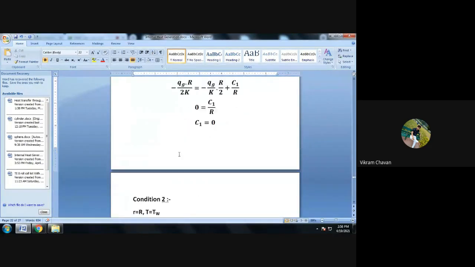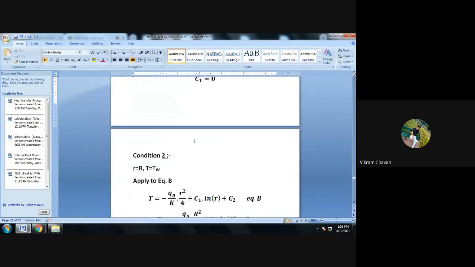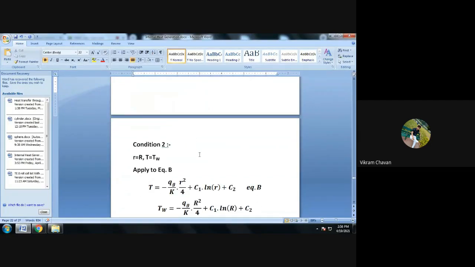Now next we have to apply the second condition. What is the second condition? The second condition is that when small r is equal to capital R, T becomes TW. When we are at the surface of the rod, what is the radius? It is the total radius, the complete radius of the rod, capital R, and the temperature of the rod surface is TW. So that is nothing but the rod surface temperature.